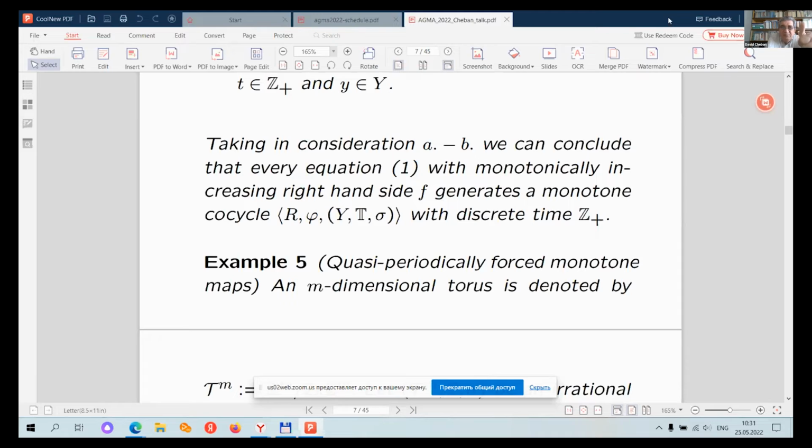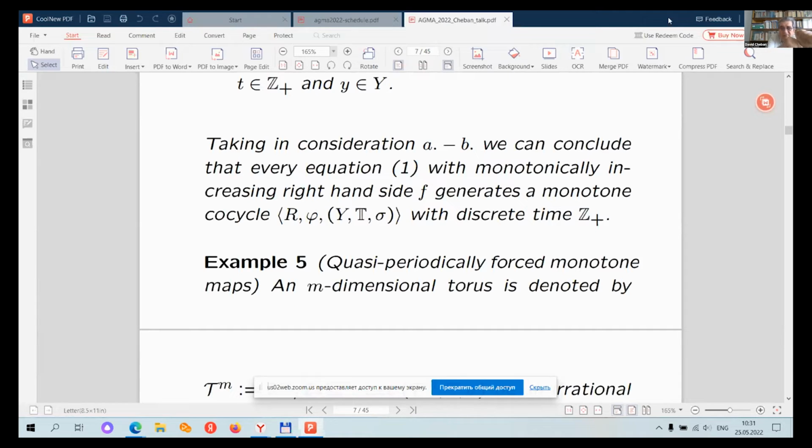One, the phase space R, the set of all real numbers, which is the phase space for equation 2. Phi is the solutions or motions generated by the discrete difference equation.